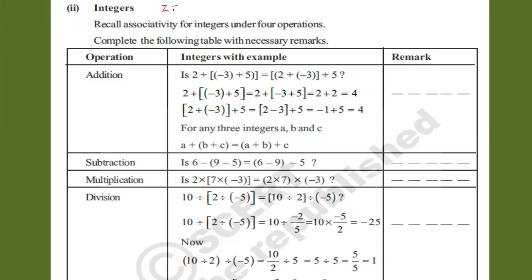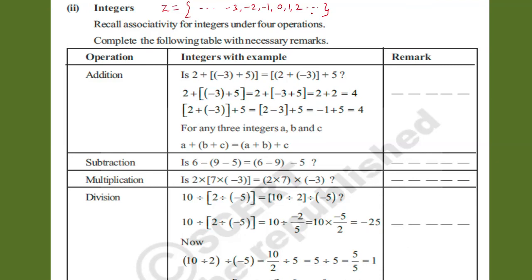These are represented by the letter Z, and also we add negative numbers to the whole numbers. Those are called integers: -3, -2, -1, 0, 1, 2, etc. These are the integers.